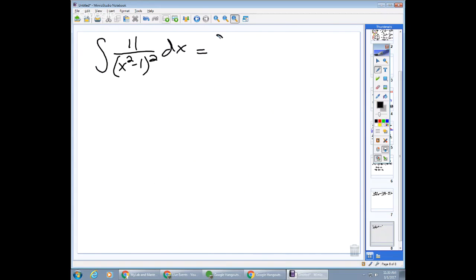So what I have here is the integral of 11 over x minus 1 squared times x plus 1 squared. Because x squared minus 1 is x minus 1 times x plus 1, difference of two squares. If that was an x squared plus 1 in the denominator, that would be an irreducible quadratic, and we would just move on. It's not factorable, but this one is.